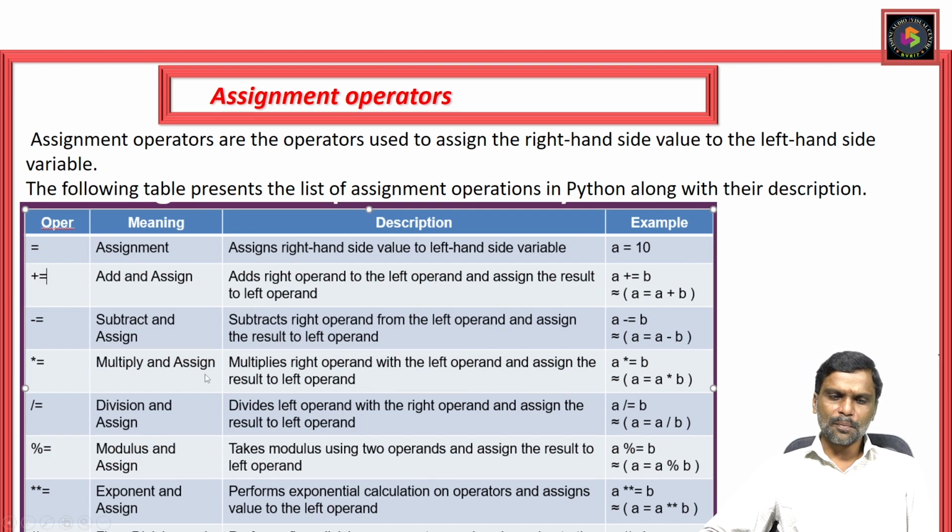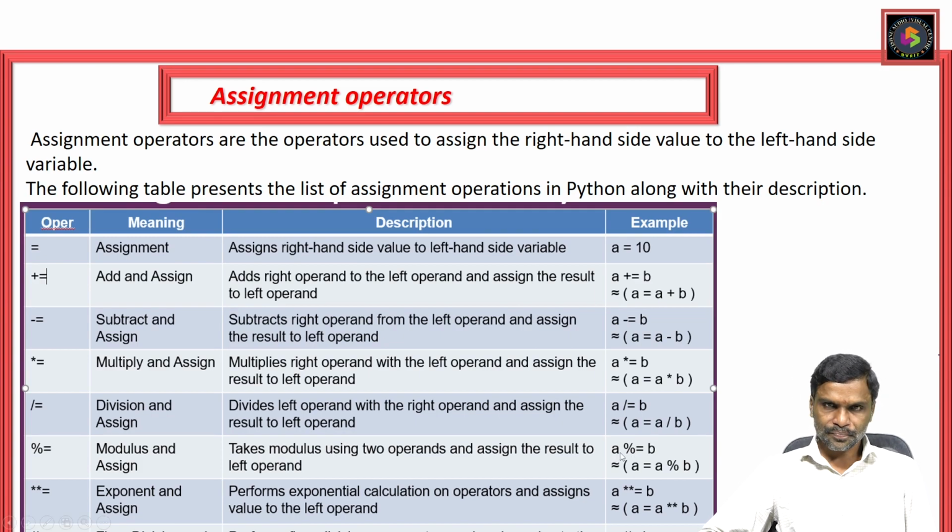Similarly, here multiply and assign. So when we discuss the same operator, we are assigning the values. Here A multiply equal to B. That means A is equal to A multiplied by B. Similarly, here division also you can see, A divided by equal to B means A is equal to A divided by B. The meaning is like that.